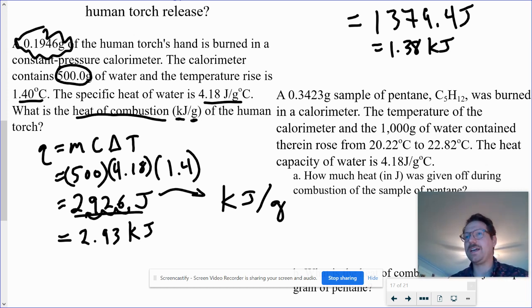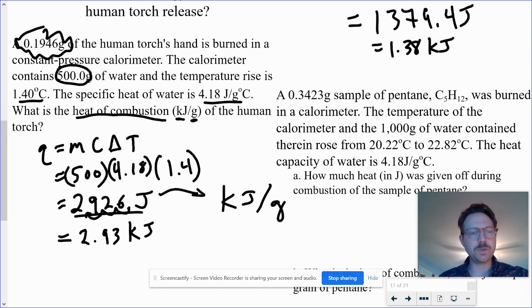But what if we wanted to compare the Human Torch's hand to a candle or to gasoline? What we have to do is use the same amount burned and then compare the amount of energy. And that same amount we typically say is the grams.